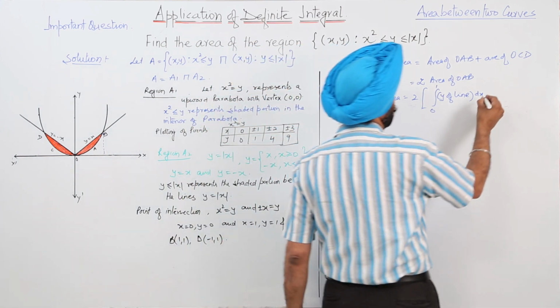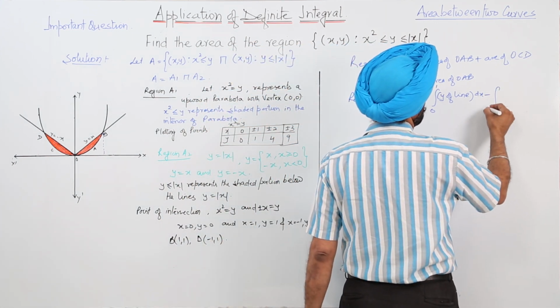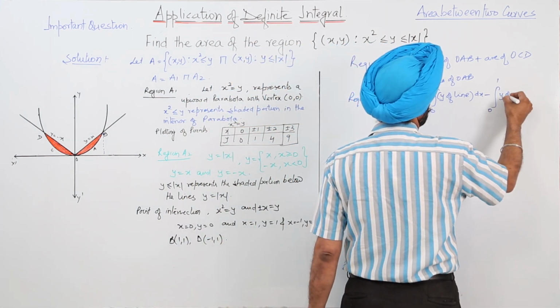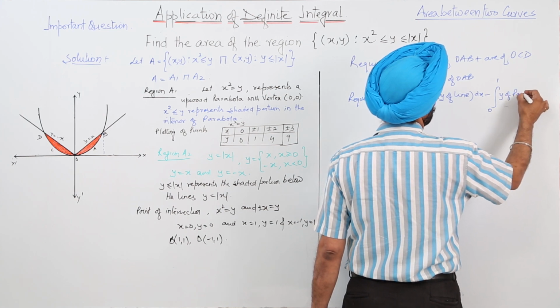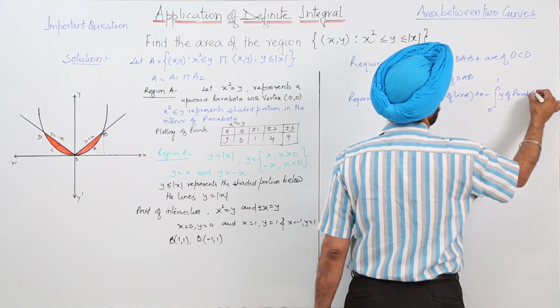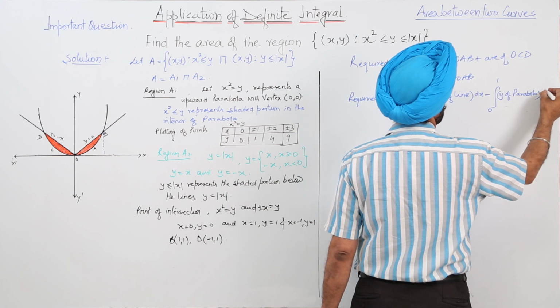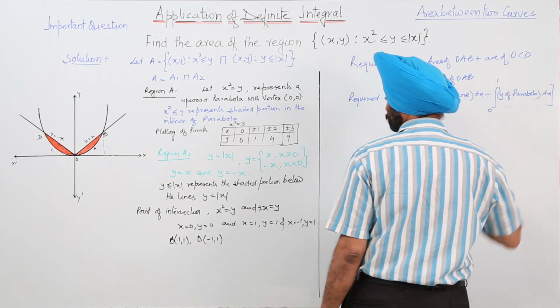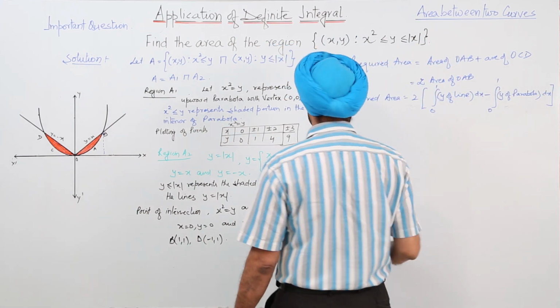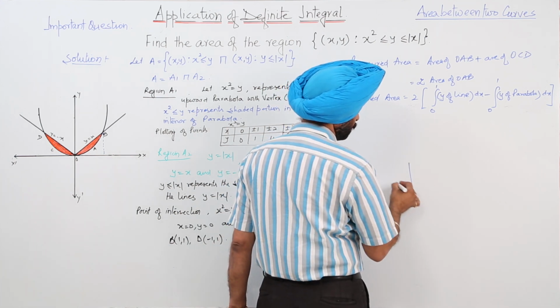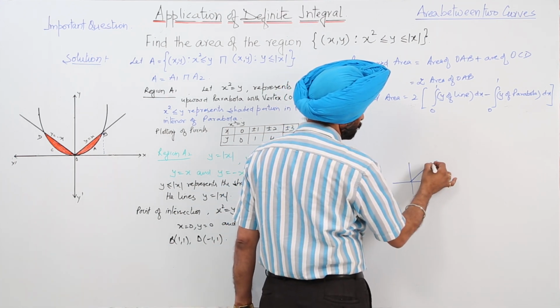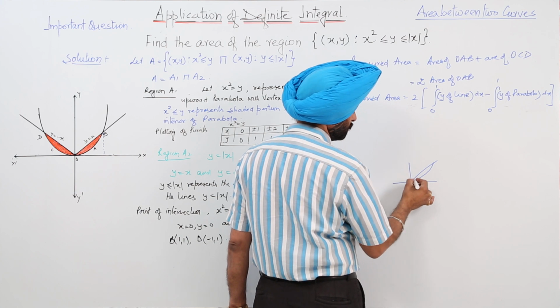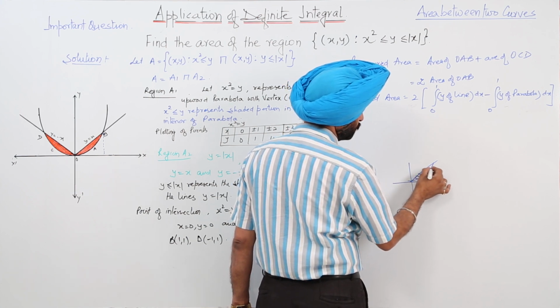Now minus the integral from 0 to 1 of y of parabola with dx. Okay, so we are having this line and then this one. We have to find area of this portion.